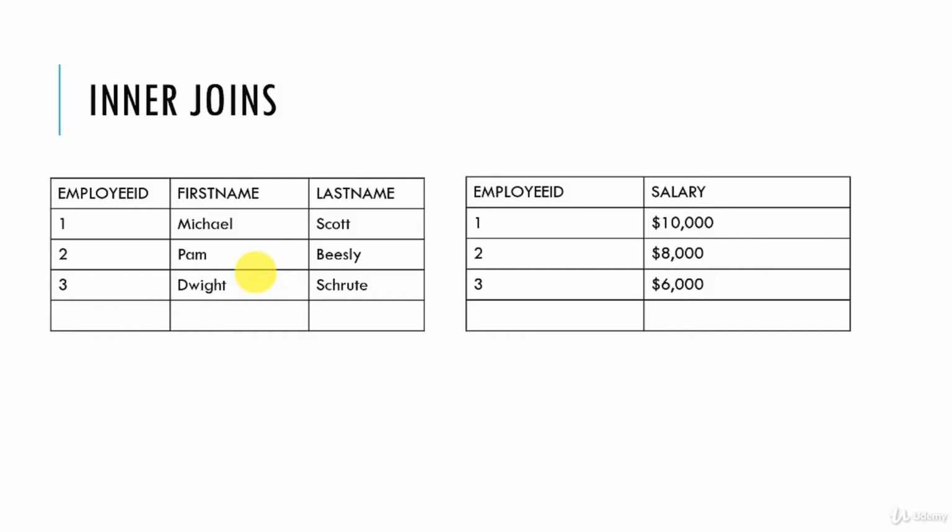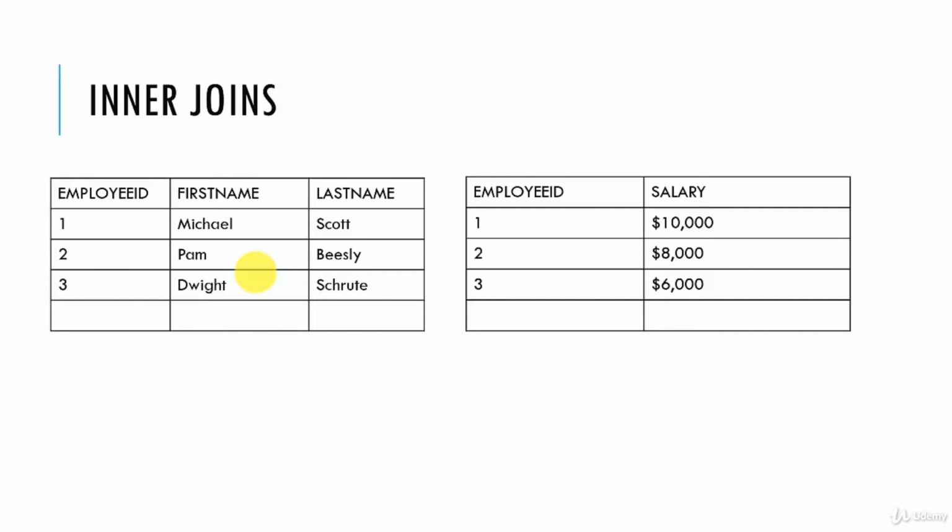Now, what if I asked you, give me all the employees, their first name, last name, and the salary? In the previous sessions, we would have expected that the salary column is in the same table. But here we are seeing it's in 2 different tables, right? So that means there should be some way in which we could join these 2 tables and get our results.